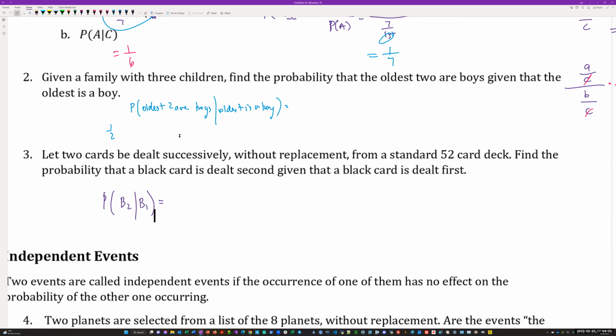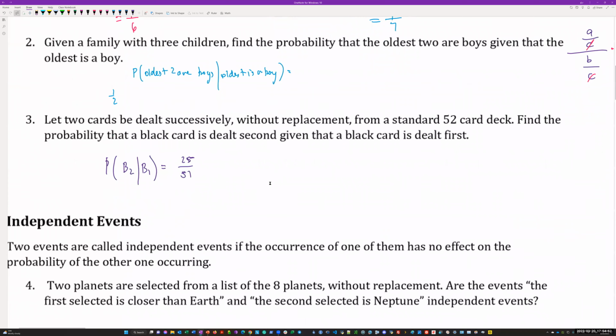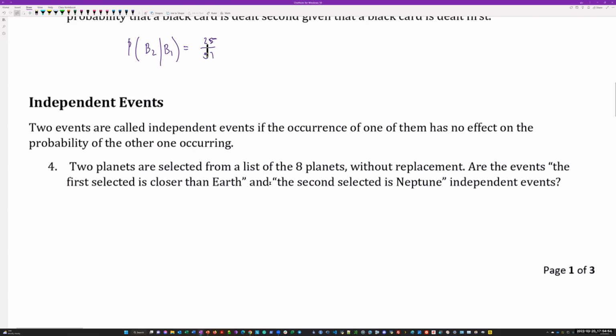Or could we subtract? So 25 out of what? 51? Thank you. Because one of the cards is missing now. Is that right? Some card got dealt. Is that correct? Does that make sense? Any question here? Guys?